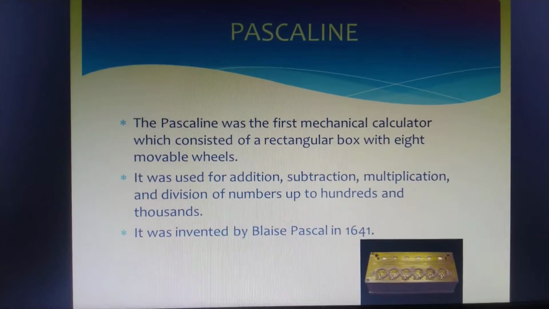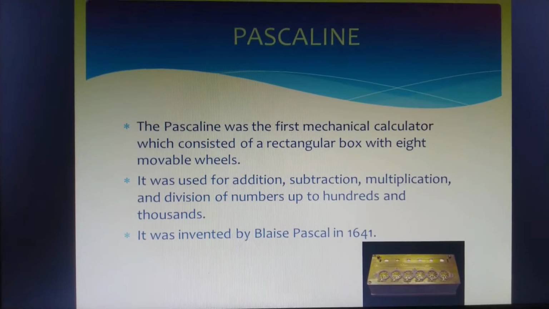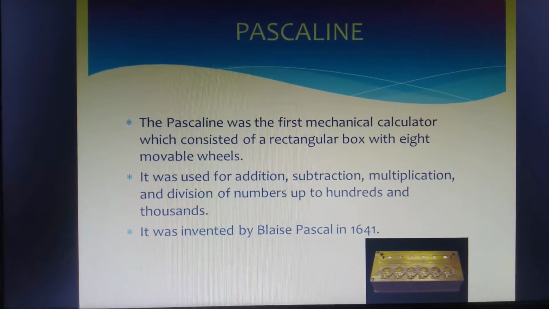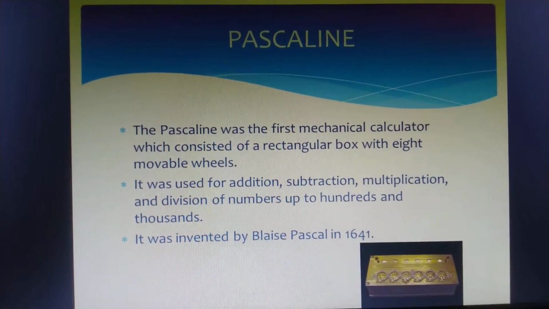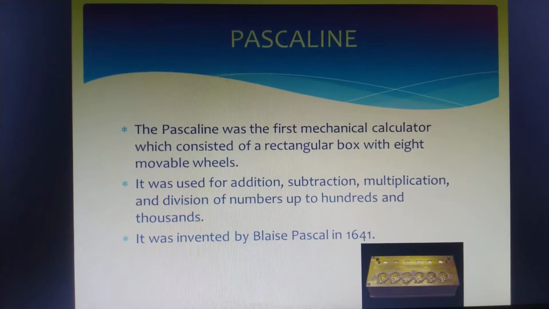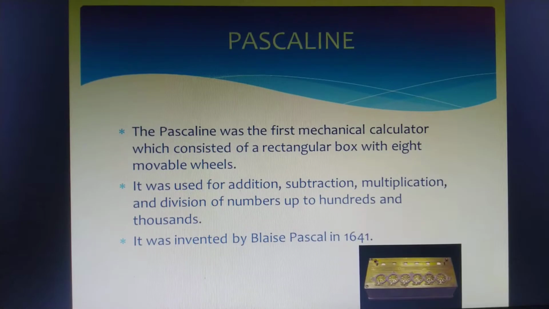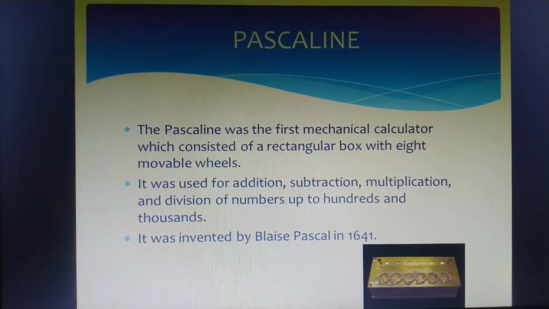It was invented by Blaise Pascal in 1641. Its picture is given on the screen. Did you see? Yes, you can see a rectangular box there, and there are 8 movable wheels on it.